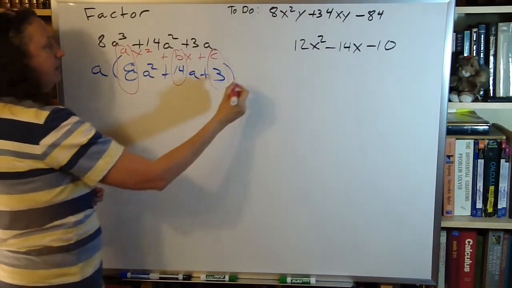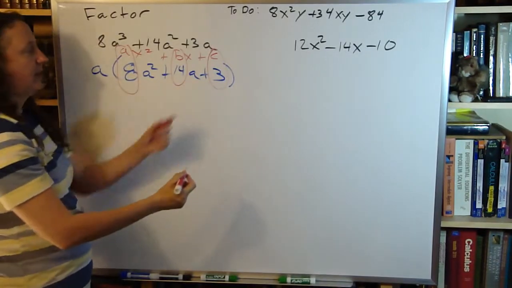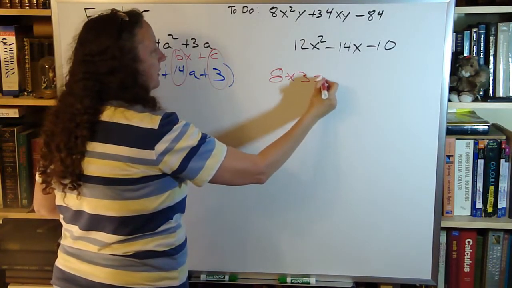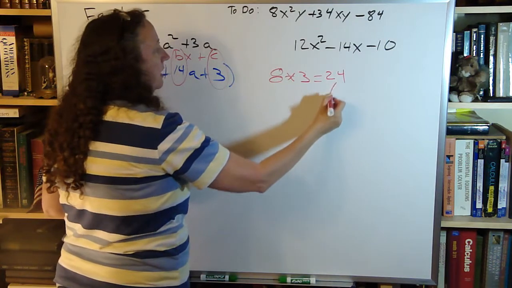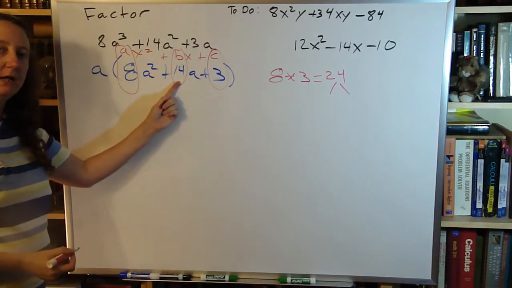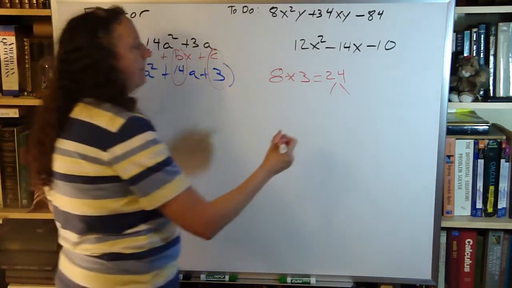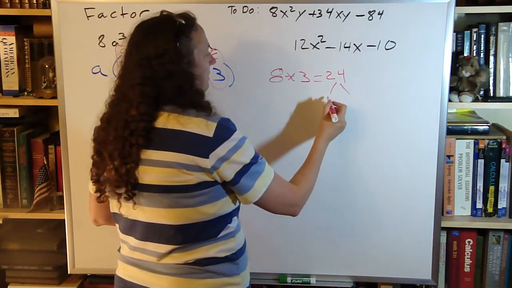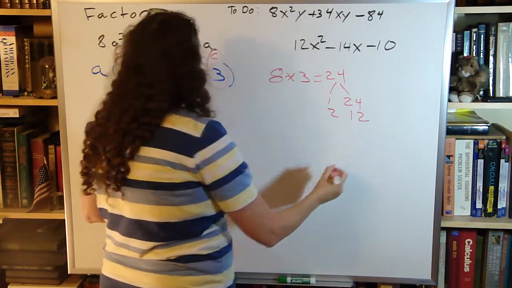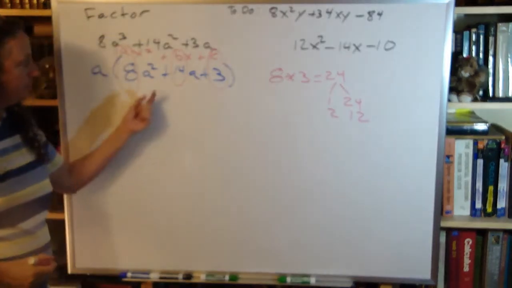So I'm going to take my 8 times my 3, I get 24, and I'm going to factor that to see what two factors of it add up to 14. So I have 1 and 24, 2 and 12, oh, that's probably it right there.